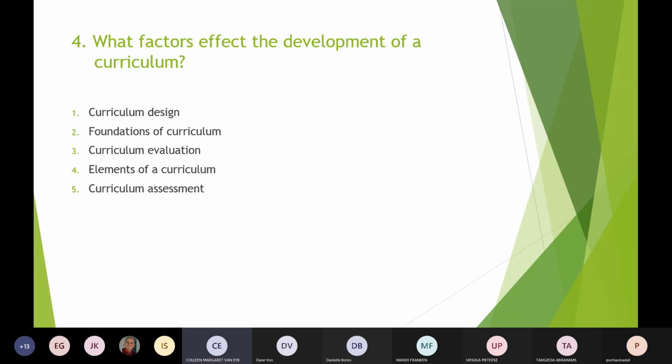Is that maybe the different subjects and the contents that you're going to teach? That is part of it, yes, part of the elements of a curriculum. Anyone else? What do you think? What is the elements of the curriculum, students?